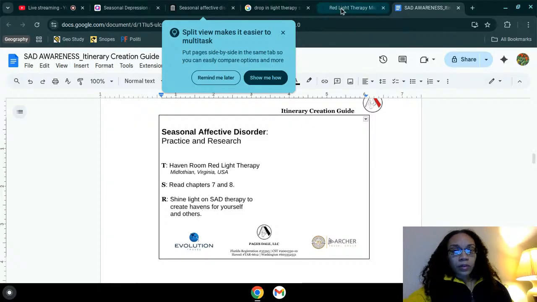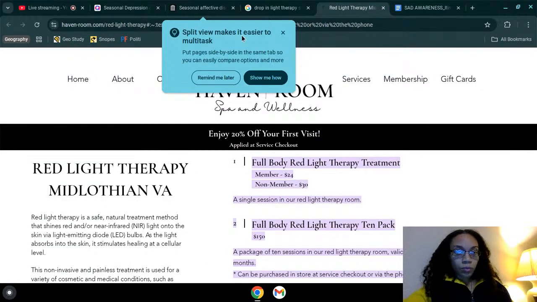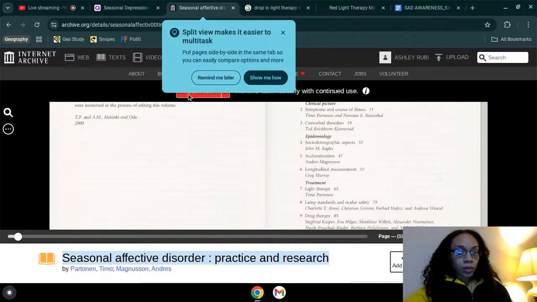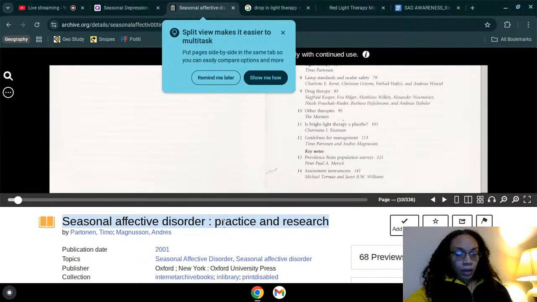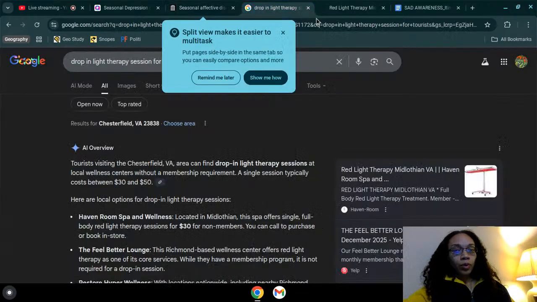All right, so let's see if I can find. I've used split view before. I'm aware of that. Sometimes it works better, sometimes it doesn't.